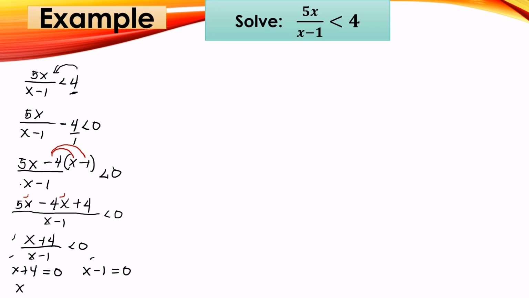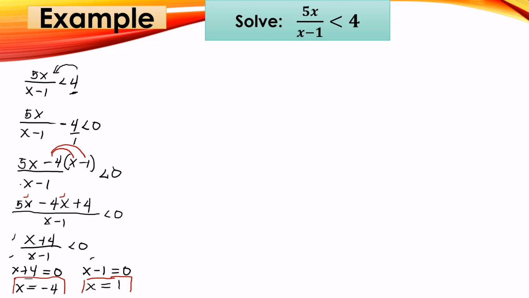So, x is equal to, from positive, will become negative 4, and then x is equal to, from negative, magiging positive 1. So, the values of our x now are positive 1 and negative 4.